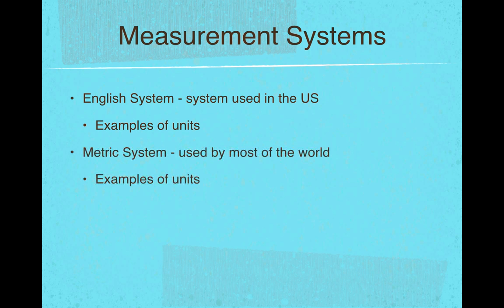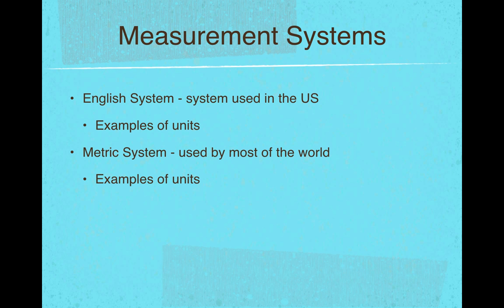The metric system is what's used by most of the world. If you go over to Europe, or down into Central and South America, they're going to be using the metric system. So if you go to get petrol, gasoline, in your automobile, you are going to see the pump measure it in liters instead of gallons like we do here in the United States.